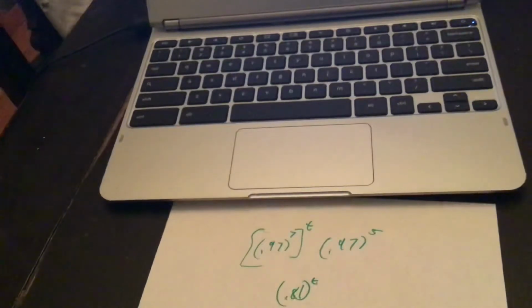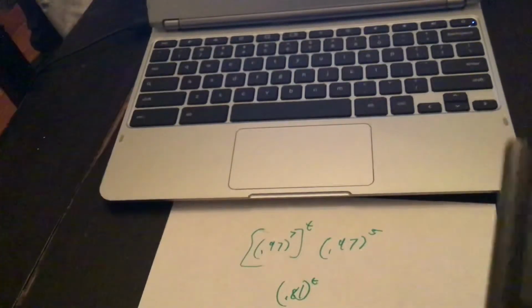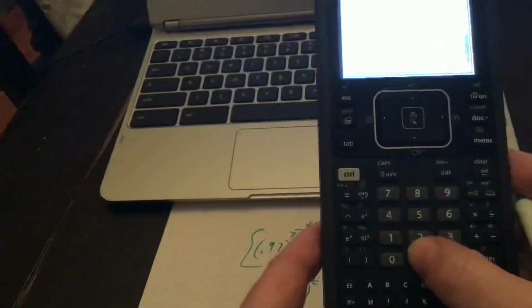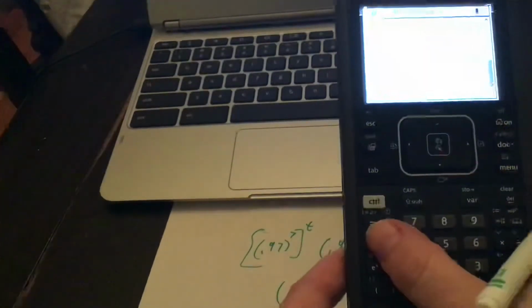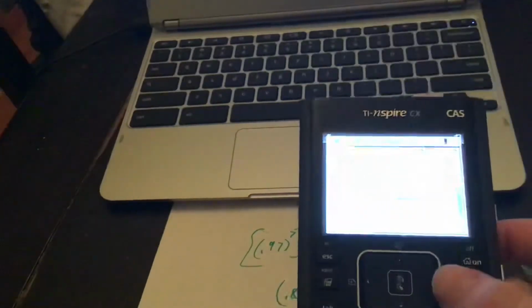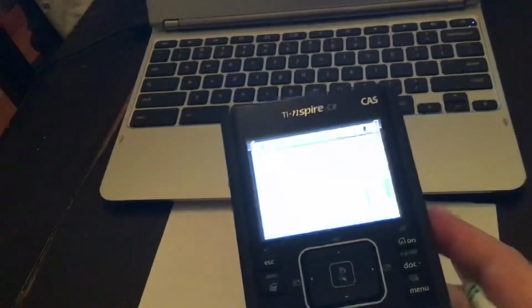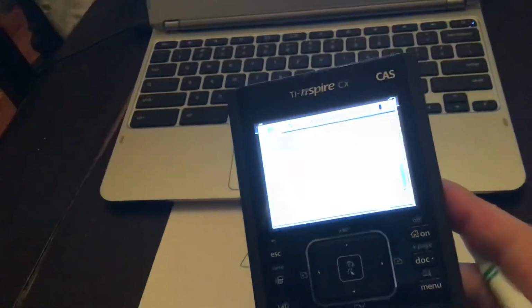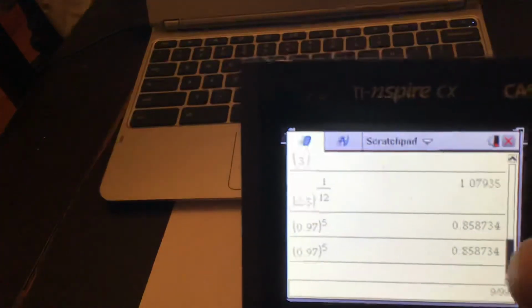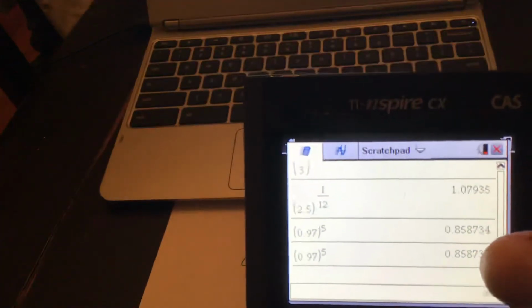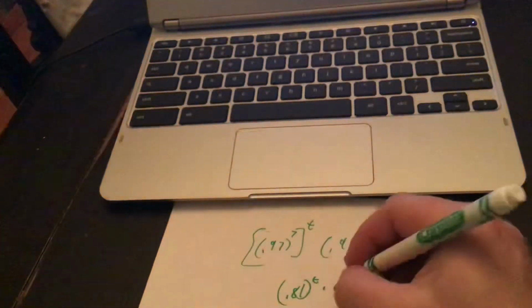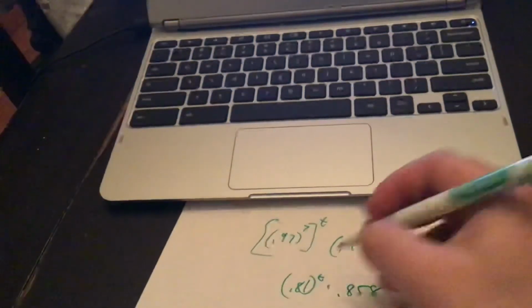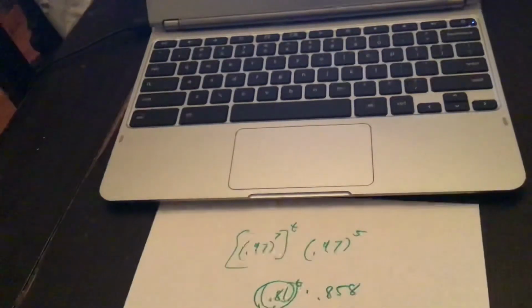If I use my calculator here, I have 0.97 to the 5th, and that's about 0.858, but that was just a constant here. I don't care about that. I just care about this. That's what was to the t.